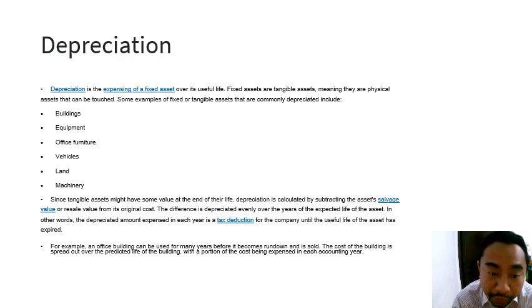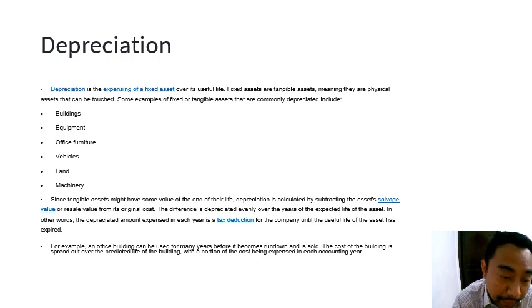Some examples of fixed tangible assets that are commonly depreciated include buildings, equipment, office furniture, vehicles, land, and machinery. Since tangible assets might have some value at the end of their life, depreciation is calculated by subtracting the asset's salvage value or resale value from its original cost. The difference is depreciated evenly over the years of the expected life of the asset.